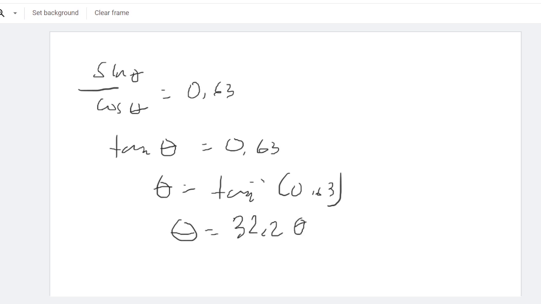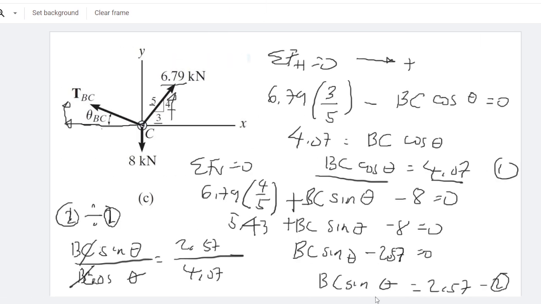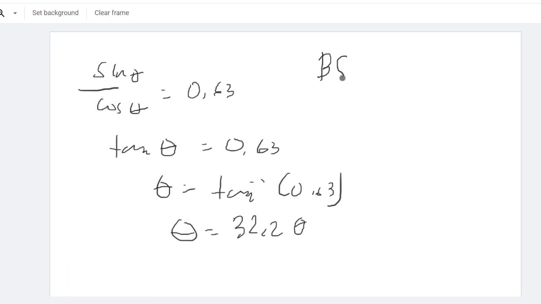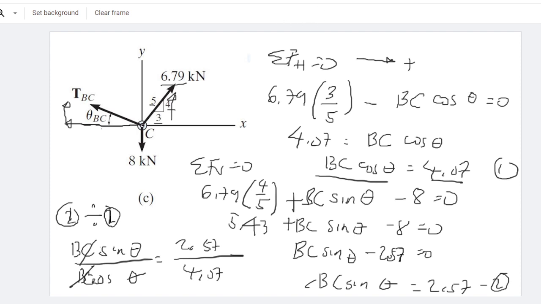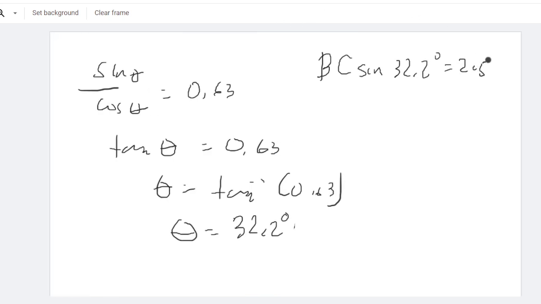Now, once you have 32.2 degrees, we can compute BC. For example, we use this one, BC sine theta, with theta equal to 32.2 degrees, equals 2.57.